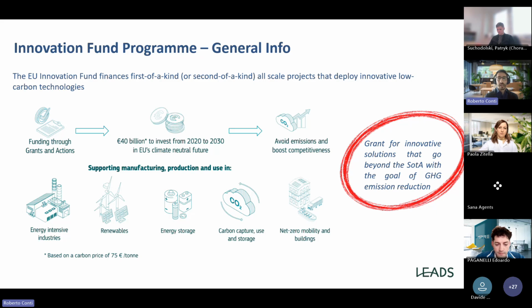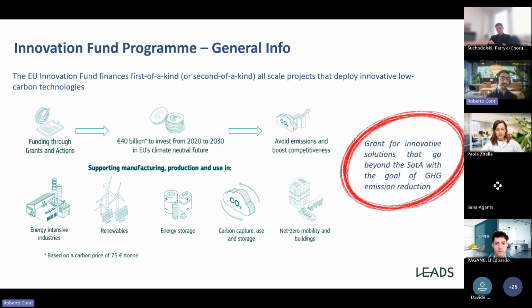Innovation Fund is one of the largest public funding programs worldwide, and for sure one of the most significant in Europe for low carbon technologies. It supports first-of-a-kind projects that are going to deploy innovative low carbon solutions at the industrial scale.